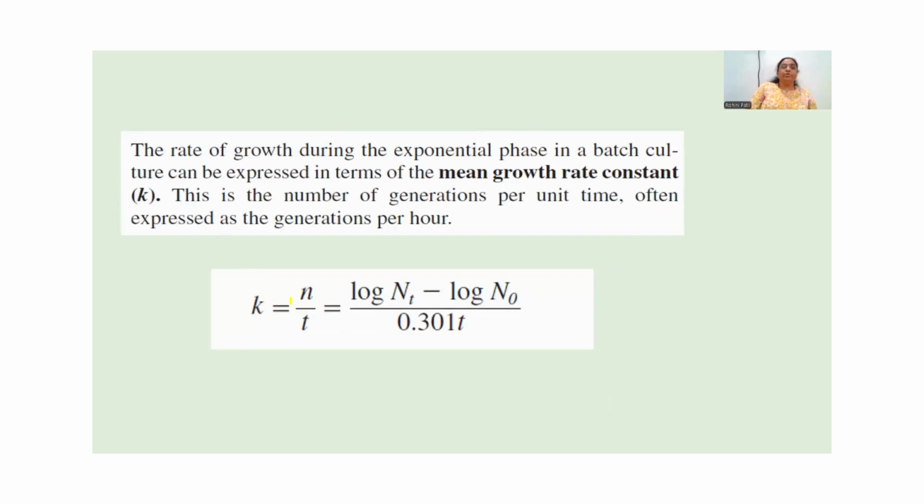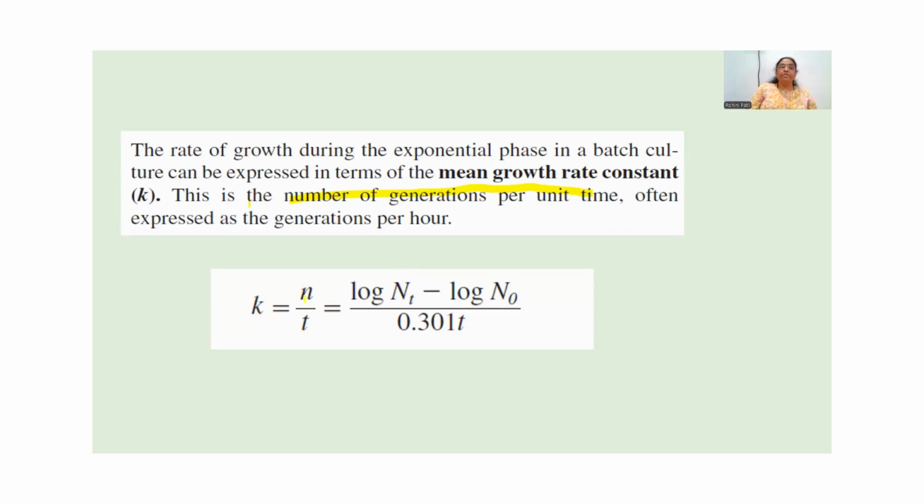The rate of growth during exponential phase in a batch culture can be expressed in terms of the mean growth rate constant, that is k. This growth rate constant is the number of generations per unit time, often expressed as generations per hour. So here k is equal to the number of generations divided by the time, that is n by t.